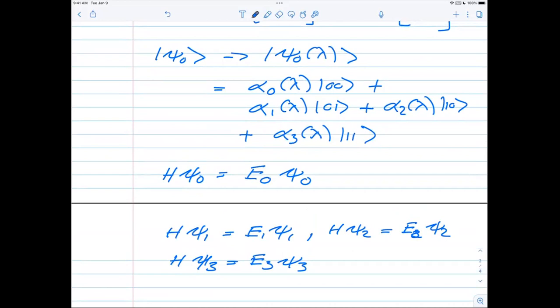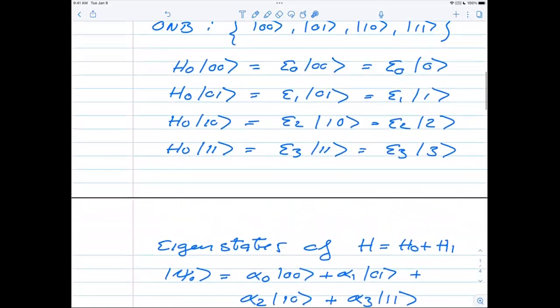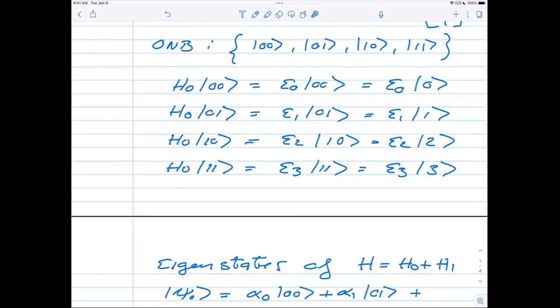So that means that we should now expect that when lambda is small, most likely the lowest lying eigenvalue will be dominated by this alpha 0 term, in case this epsilon 0 is well separated from epsilon 1, epsilon 2 and epsilon 3. And just to remind you, epsilon 1, 2 and 3 are the eigenvalues of H0 with this specific computational basis. So this is just a choice we have made.